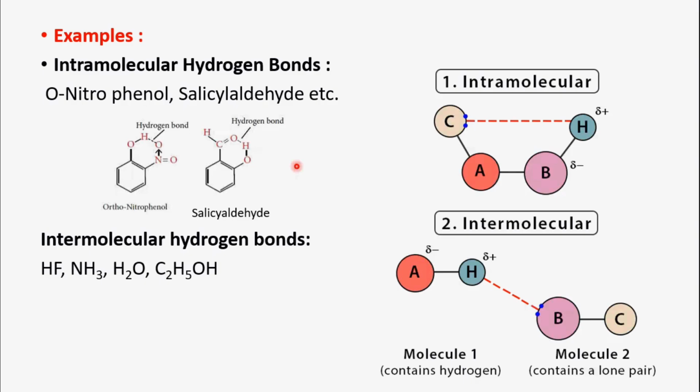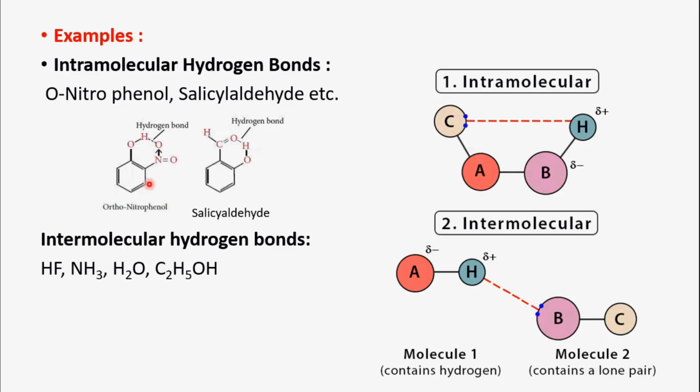Okay, so this is intra. And if you are moving from Mumbai to Gandhinagar or Mumbai to Pune or Mumbai to Surat, that is intermolecular hydrogen bond. So within the molecule, that is intra, and with another molecule, that is intermolecular hydrogen bonding.